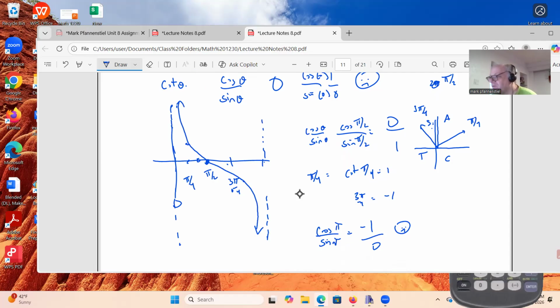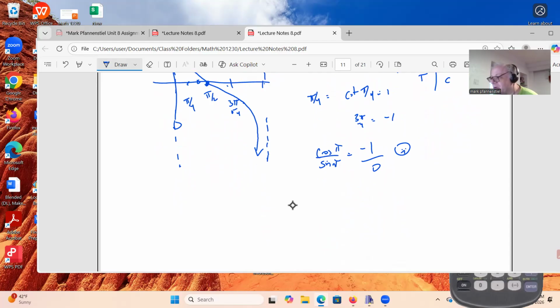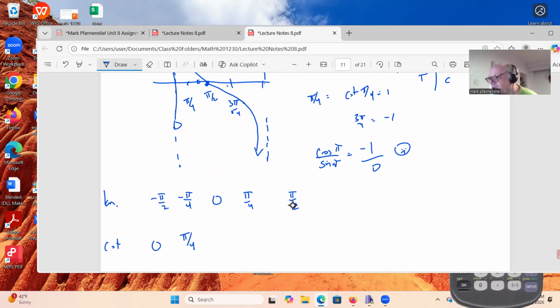All right. So the issue that you have to remember is that for tangent, the numbers that you want to plot are -pi/2, -pi/4, 0, pi/4, pi/2. For cotangent, we have to do 0, pi/4, pi/2, 3 pi/4, and pi.